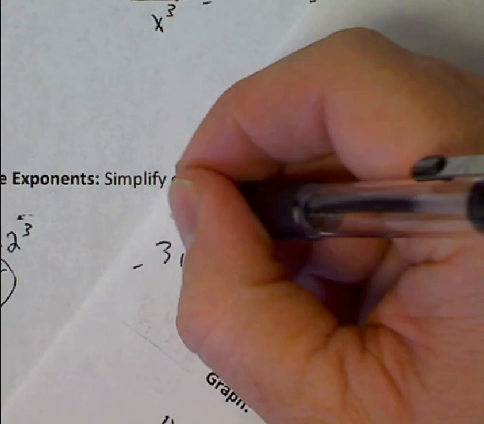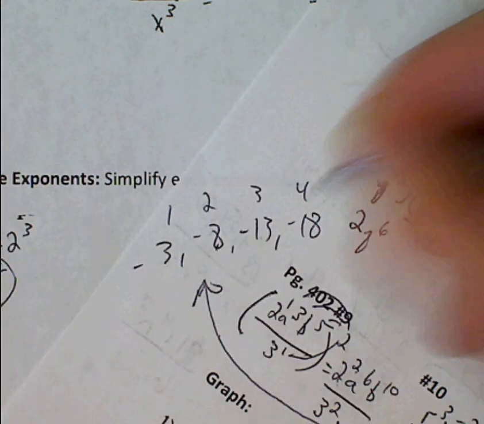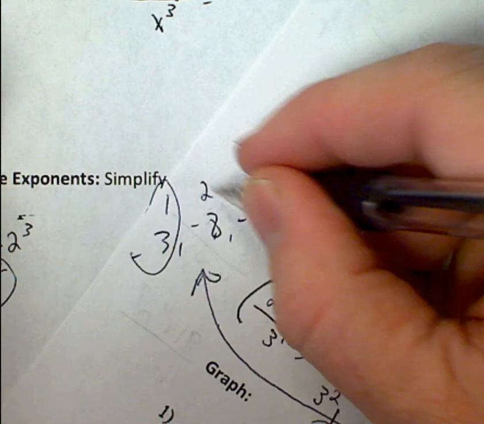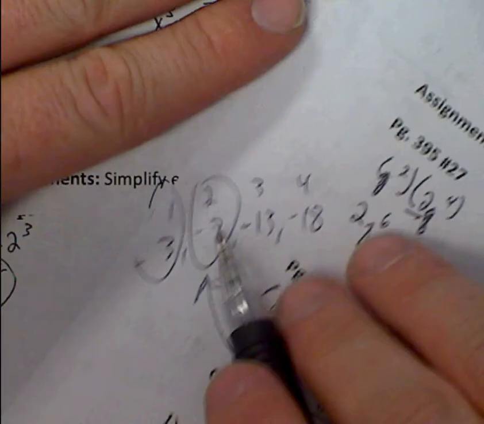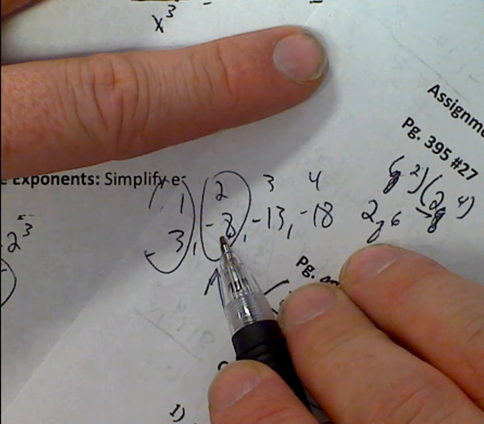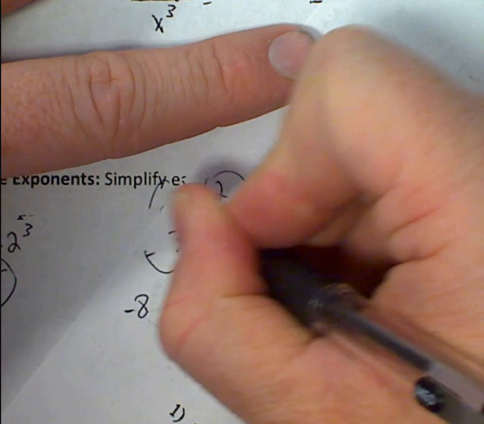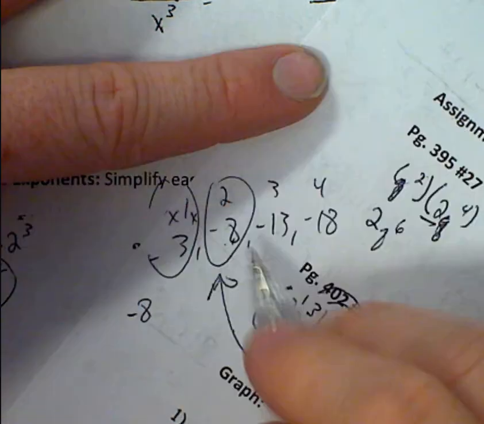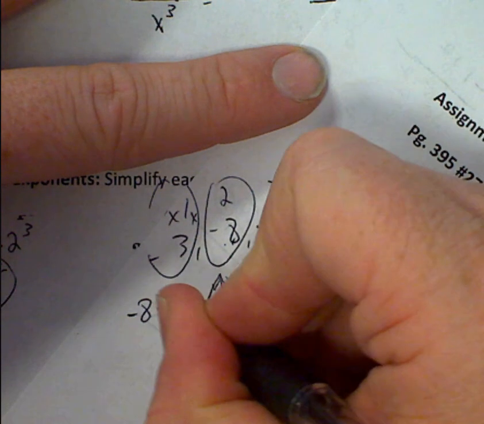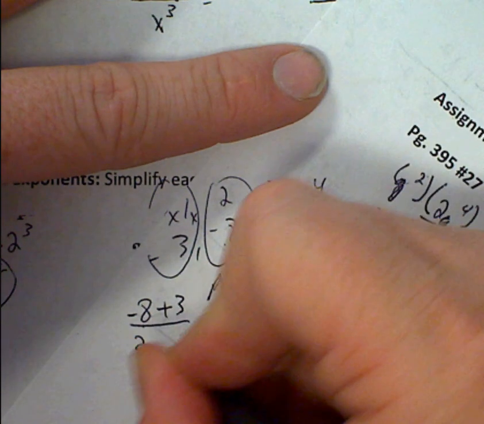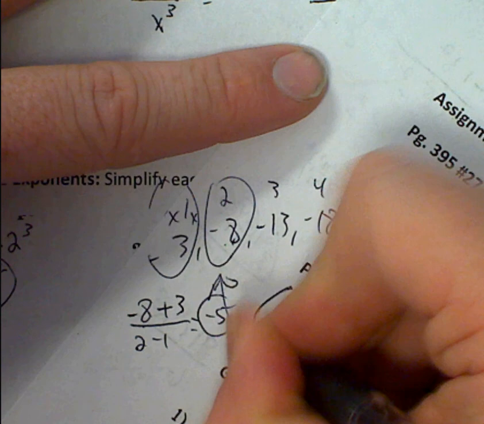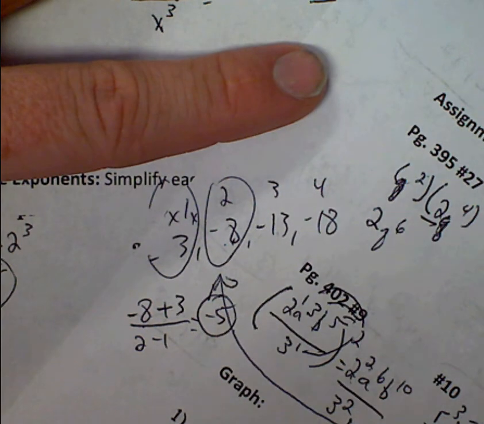1, 2, 3, 4. So here's my first dot, second dot. That would be -8. These are my x values, y values. So -8 minus -3, 2 minus 1, that gives me -5. So my slope is -5.